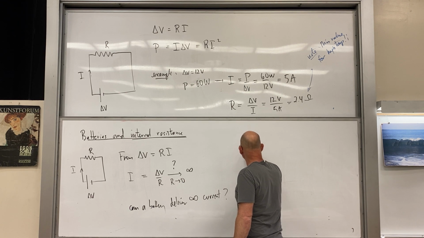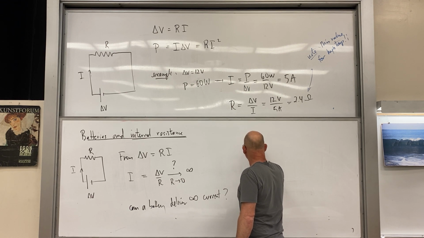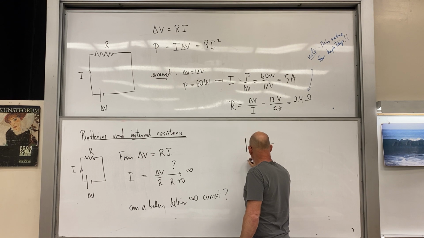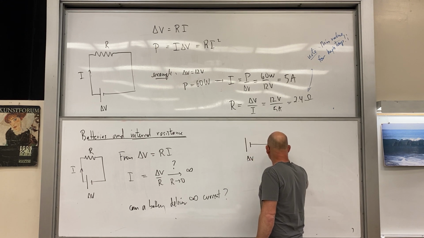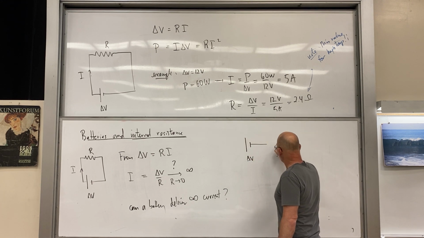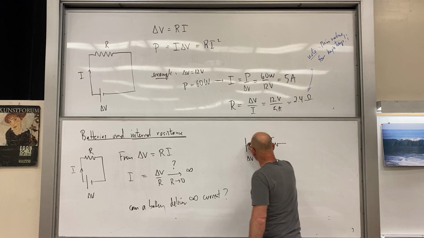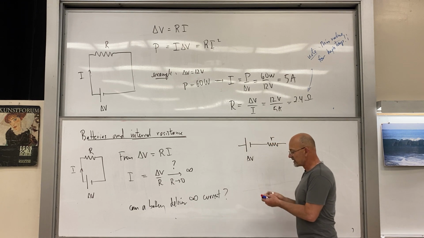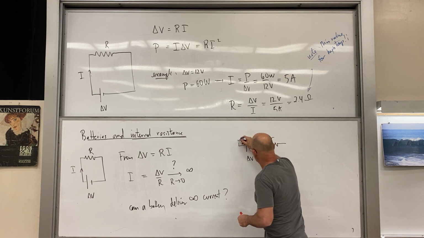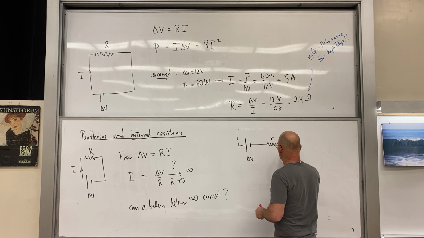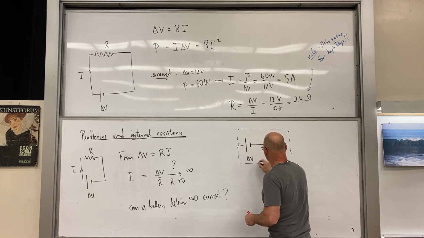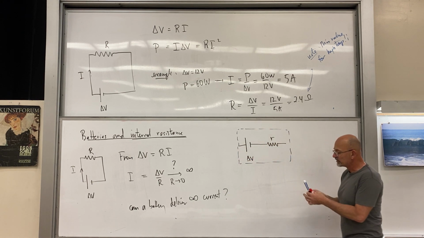Here's what we'll do. So here's our delta V, but our battery has what's called an internal resistance built in. And then I'll draw this picture. So it's enclosed, right?